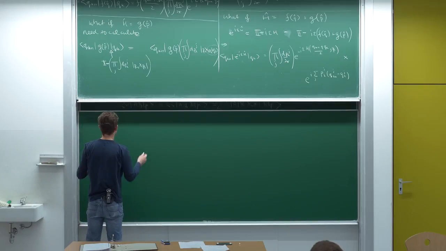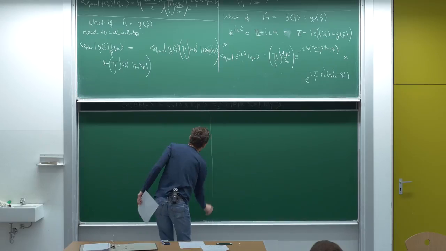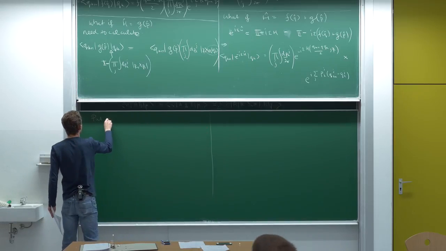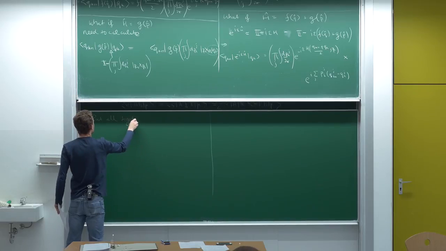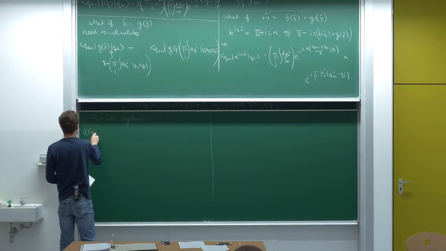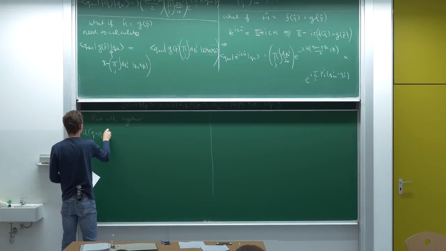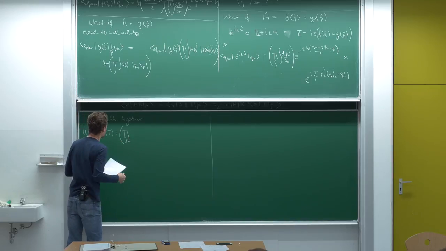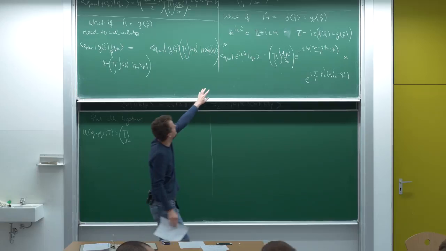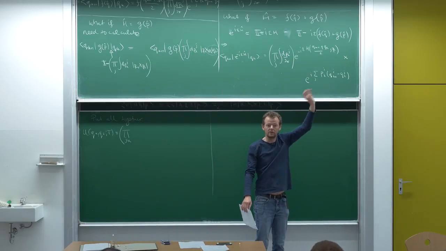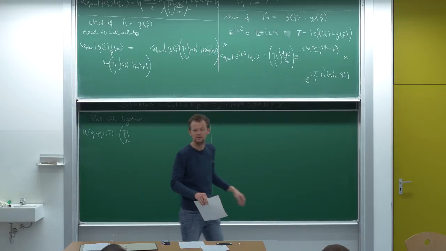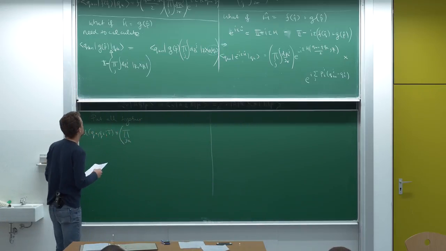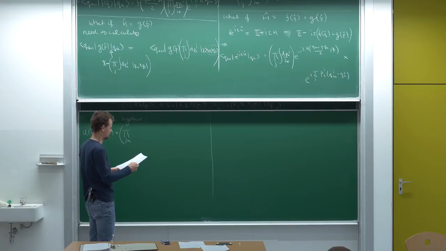Okay, so let's put it all together. We're going to take this little transition amplitude that we wrote out here and multiply it n times for each of the terms in our original product of exponentials.